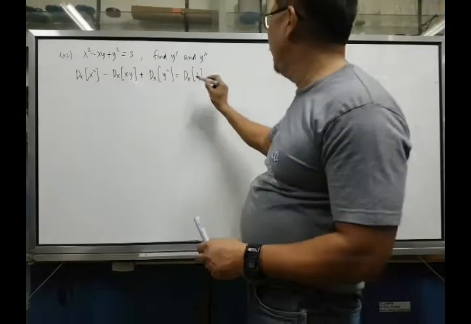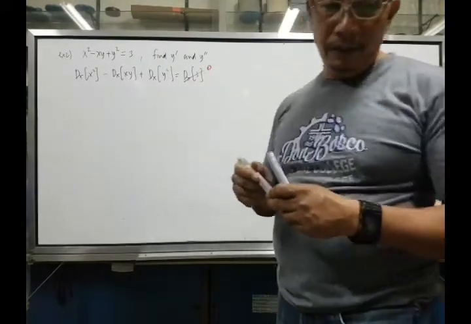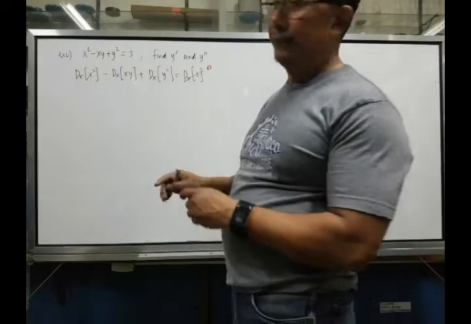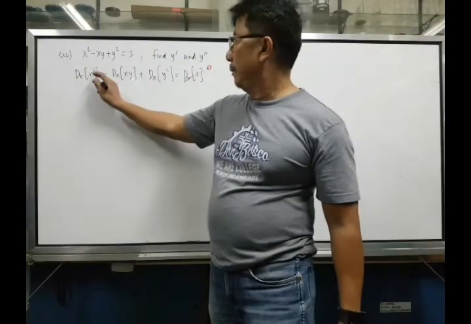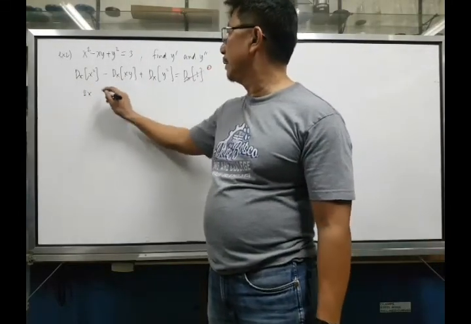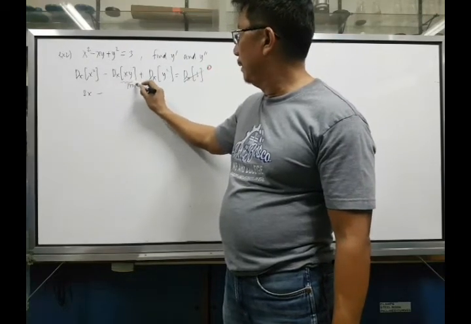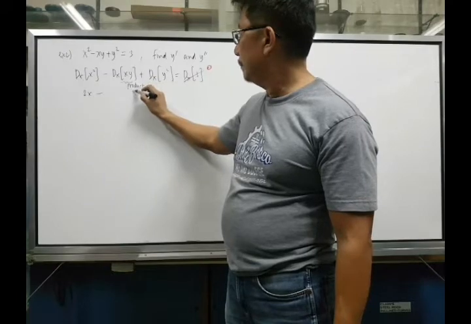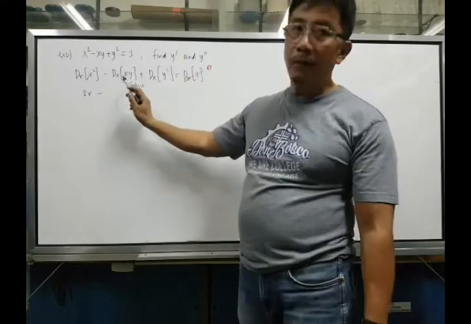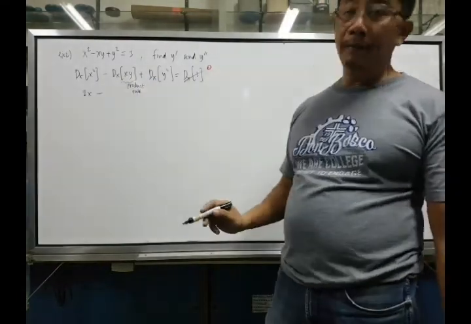Then immediately this is 0 because 3 is a constant. Okay. So the derivative of x squared is 2x. Now we have to use the product rule here, because it involves the product of x times y.